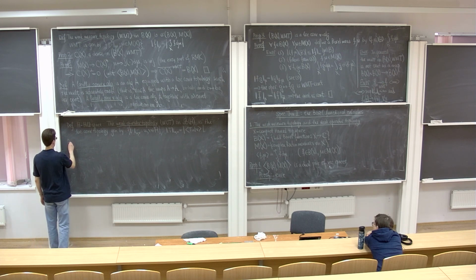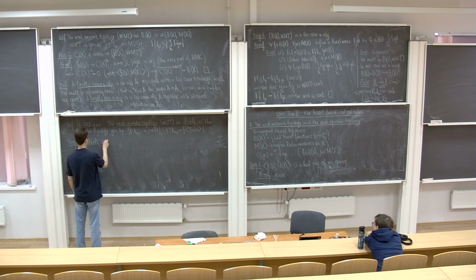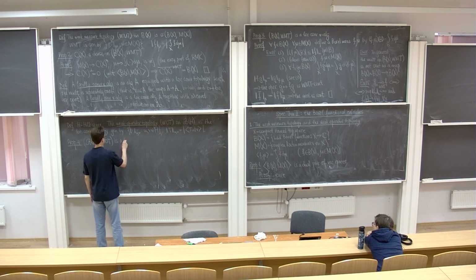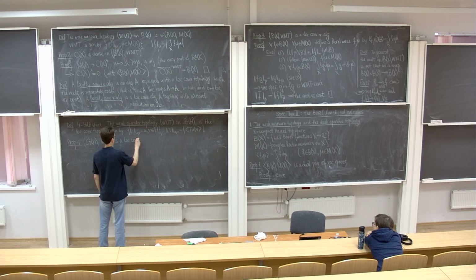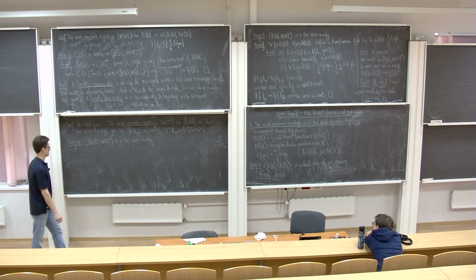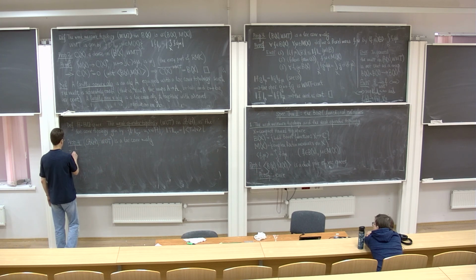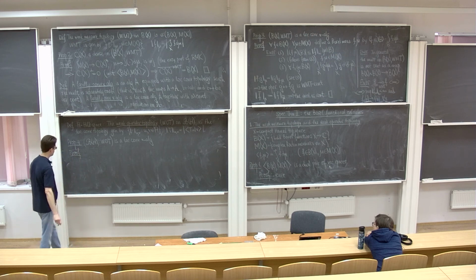Okay, we now have the following proposition. Proposition 4. B of H, the algebra of bounded operators, equipped with the weak operator topology, is a locally convex star algebra. The proof is almost immediate from the definition.